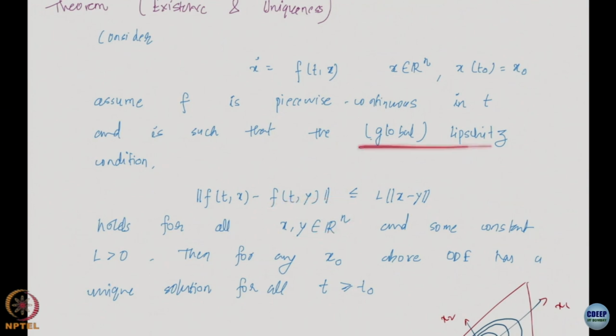I am assuming global Lipschitz, which means that this holds for all x, y in R^n, for some positive constant L. Then for any initial condition x0, the above ODE has a unique solution for all time. So this is the standard result for existence and uniqueness. You can find it in Khalil's book, maybe in Vidyasagar's book, I do not know, but Khalil's book for sure.